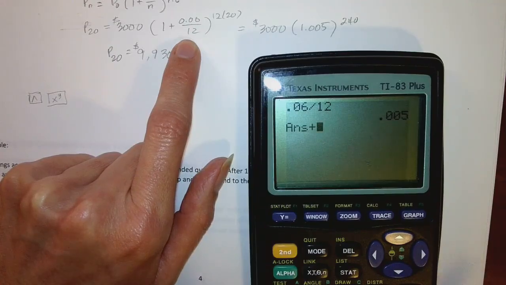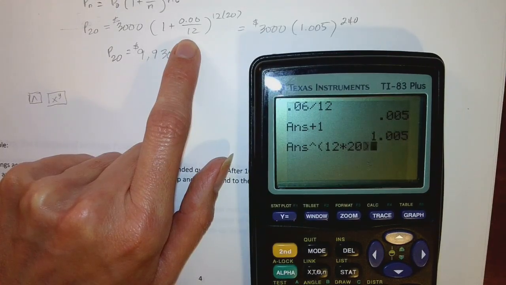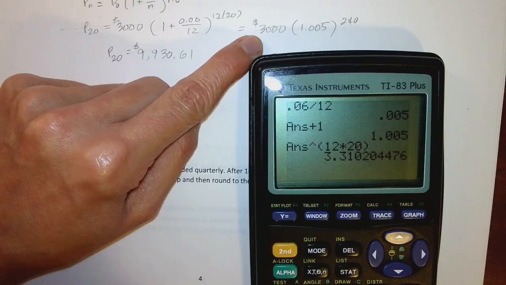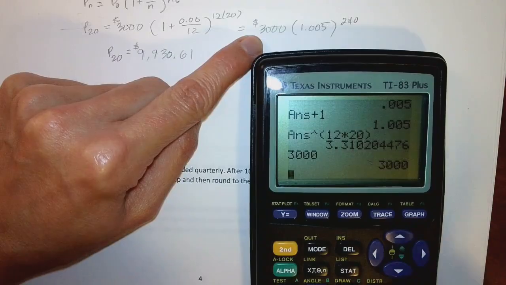That's better. Plus 1. Now I'm going to raise it. Oh, I got ahead of myself. To the 12 times 20 power. And then I take that times 3,000. Nope. Let's try this again.